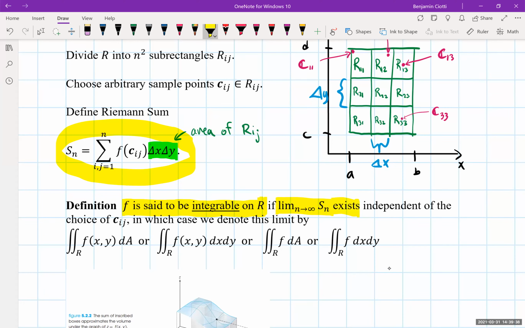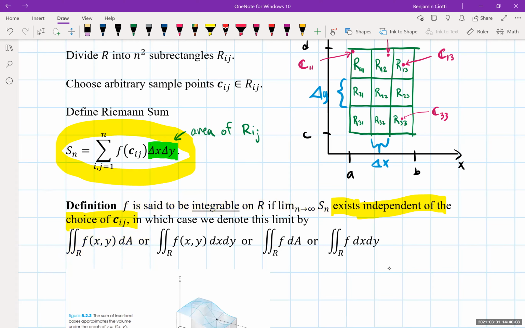So the limit has to exist, and moreover, it doesn't matter what choices of sample points we made. No matter what sample points we used, we always get the same value for that limit. In that case, we say that the function is integrable, and we denote the value of that limit by the double integral of f over R.